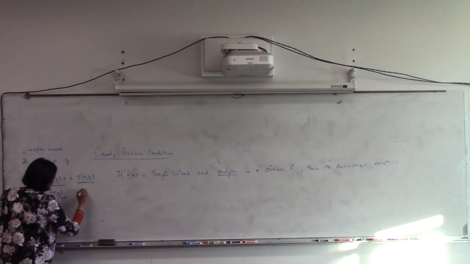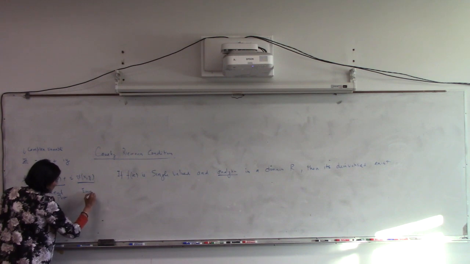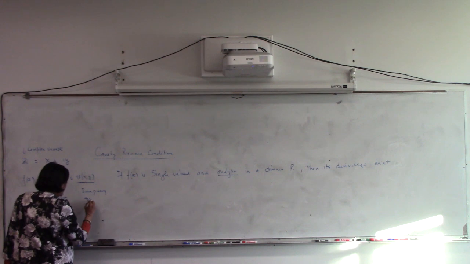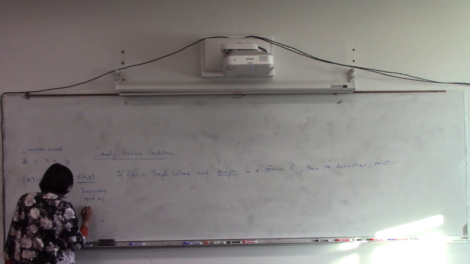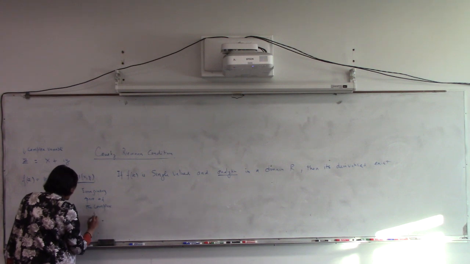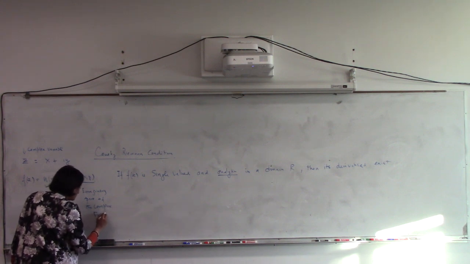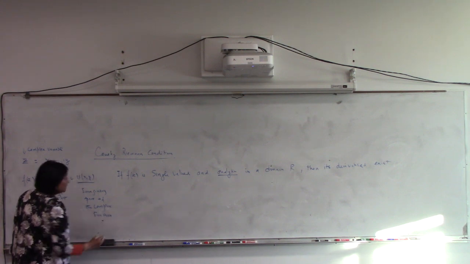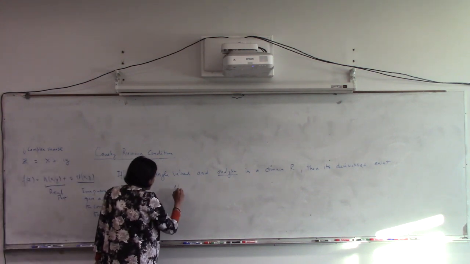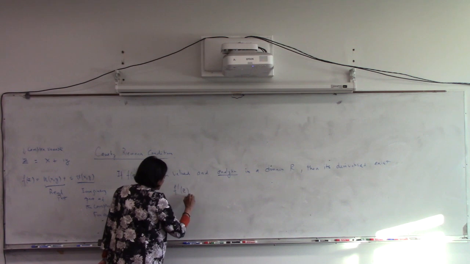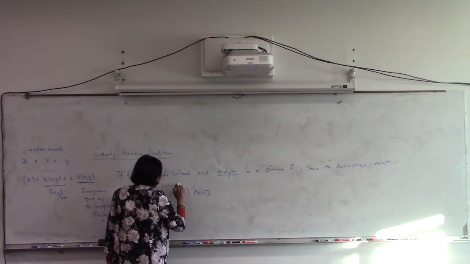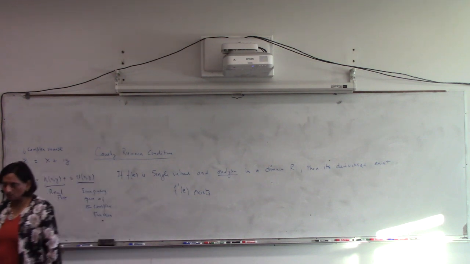This is the imaginary part of the complex function. Analytic means f prime of z exists. It doesn't blow up. The first derivative of the function exists. That's what it means.